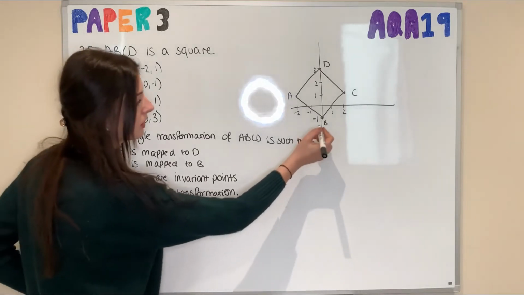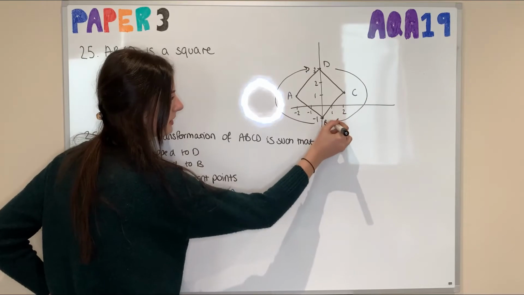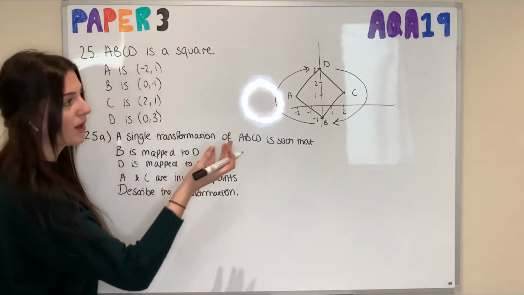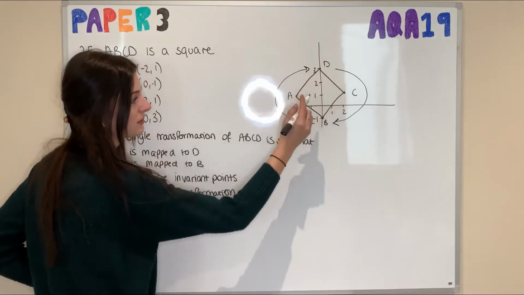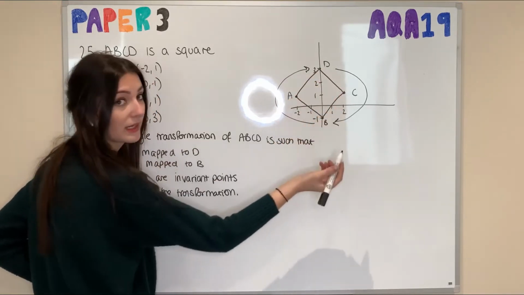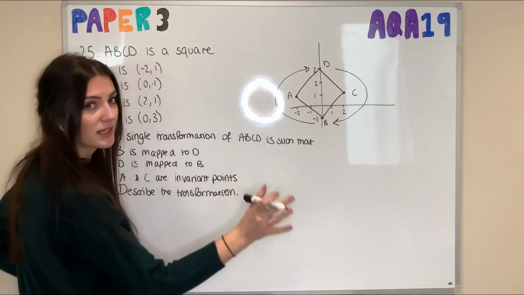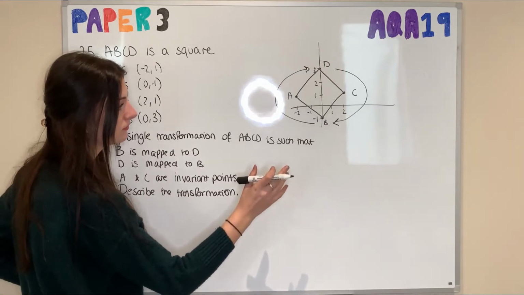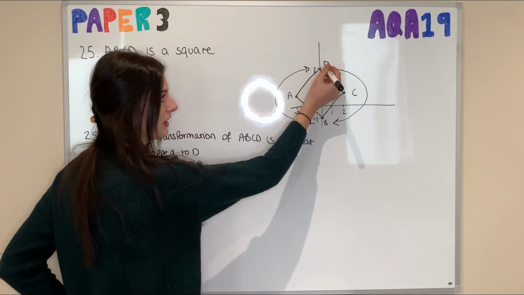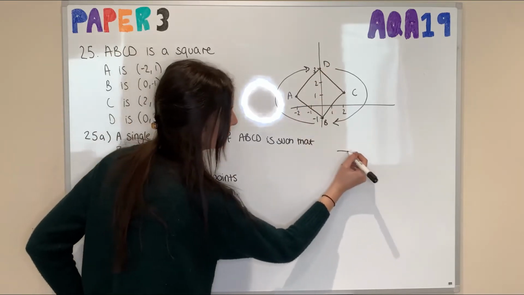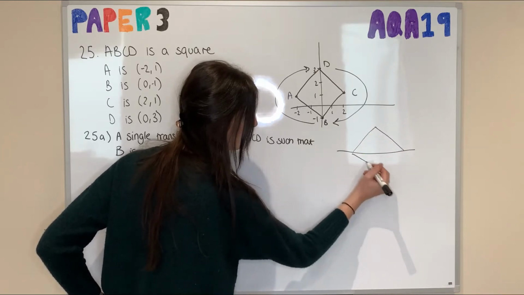So we know that B is now here and D is now here. What happened? The square couldn't have rotated because A and C stay in the same position. A didn't move, so it's definitely not a rotation. Since B is now here and D is now here, we have a reflection.